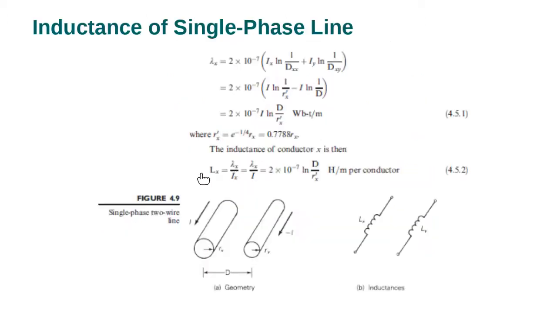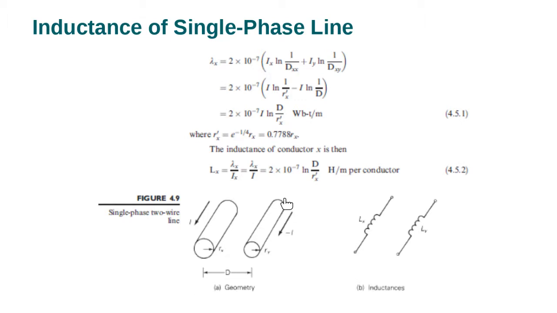Now, inductance of a single phase line. What we have is just to know the theory behind this. If we have more than one conductor, now we have two conductors. When we say single phase, it's not one conductor, it's two. One is forward, one is return, because every wire must close the circuit.